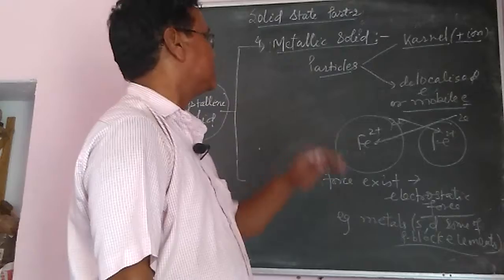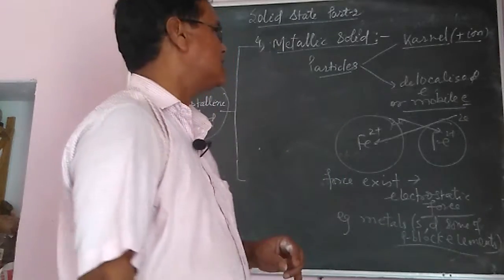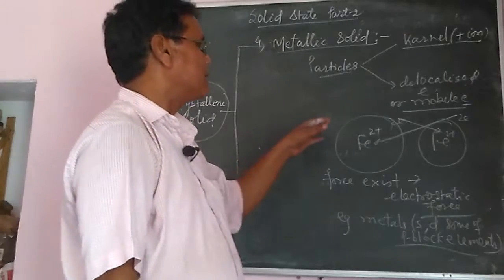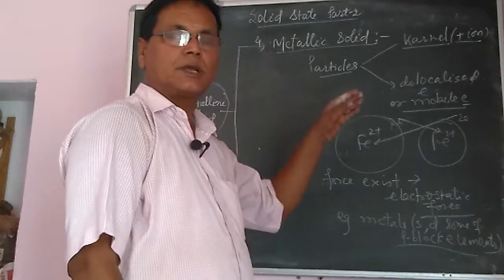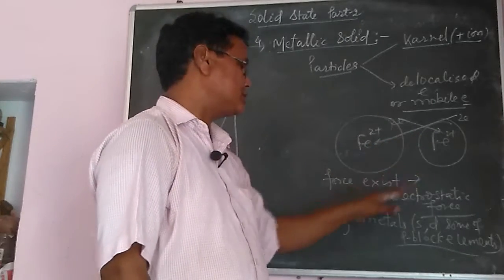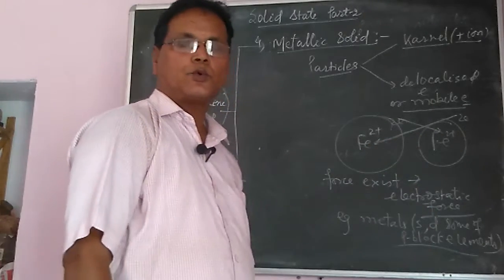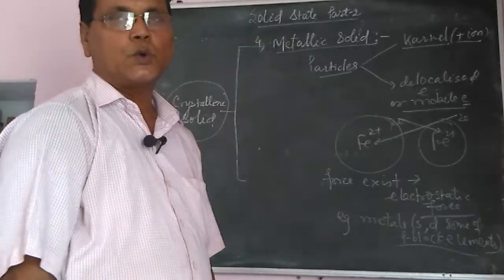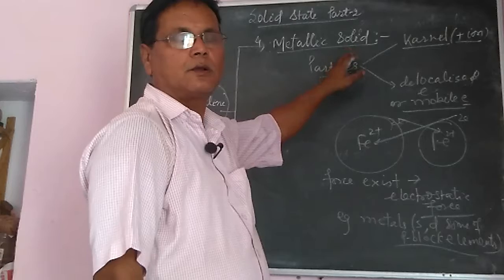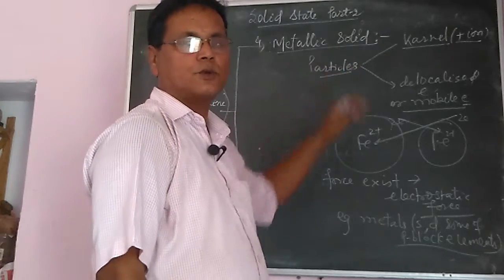And the fourth is metallic solids. This consists of the metal ions, kernels, and delocalized electrons. They attract each other by a force, that is the electrostatic force. So it is also a solid, and this solid is called metallic solid.